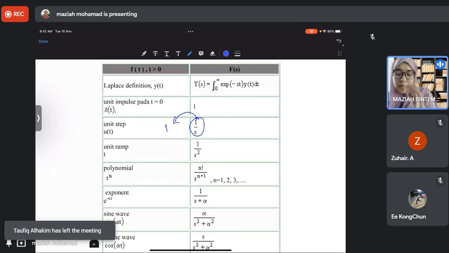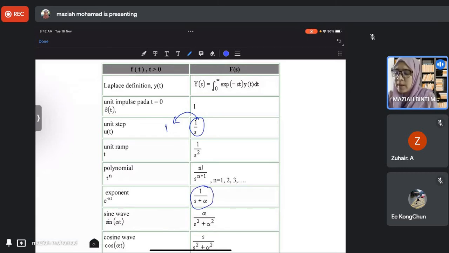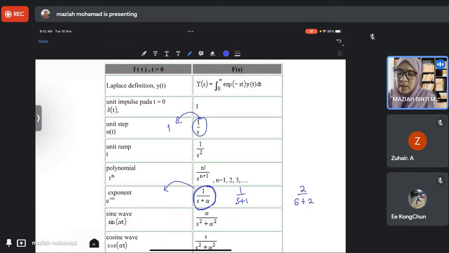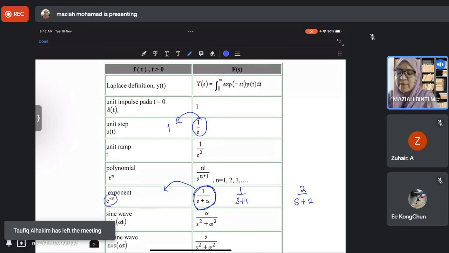Right, and for the second term and the third term, the form is like this, because we have 1 over s plus 1 and the other one is 2 over s plus 2. Here the form is s plus alpha. If we inverse, it will become exponent negative alpha.